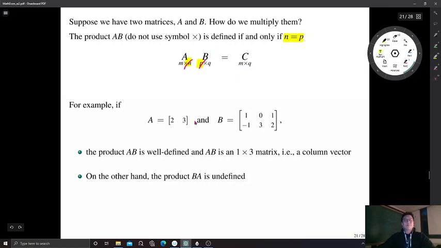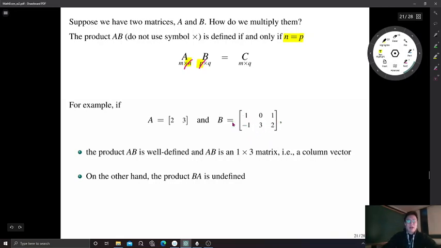All right? So we have a specific example here. A is given by a 1 by 2 matrix. We have 1 row and 2 columns. And B is given by a 2 by 3 matrix. We have 2 rows and 3 columns.